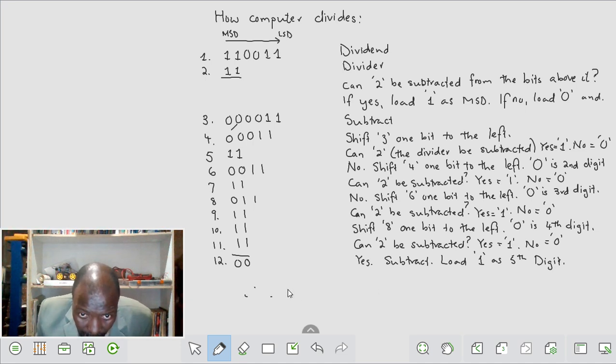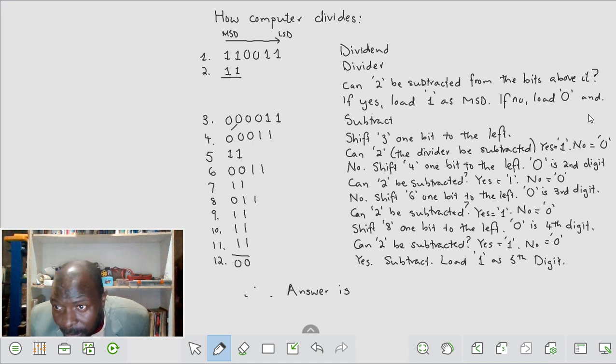Therefore, the answer is, the most significant digit was the first time we tried. The first time we tried, our answer was 1, and subtract. We didn't write this down, did we? We said load, but we didn't load.